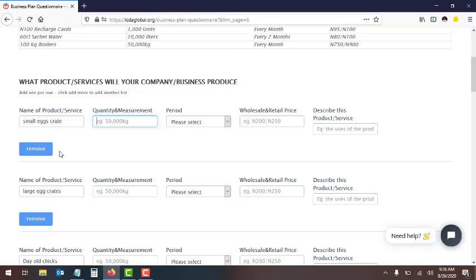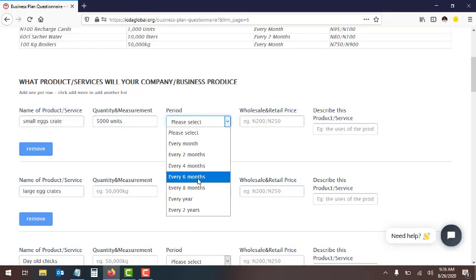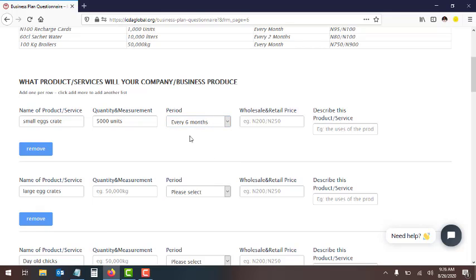For example, small egg crates, you produce 5,000 units. That's 5,000 crates, and you produce this every 6 months. It's okay, you put it down there. So, how much do you sell one crate?